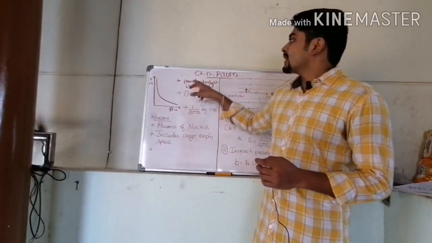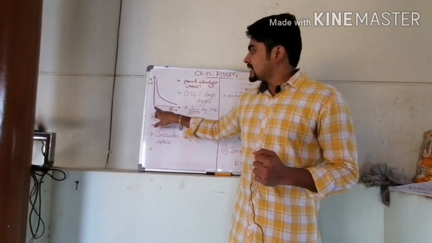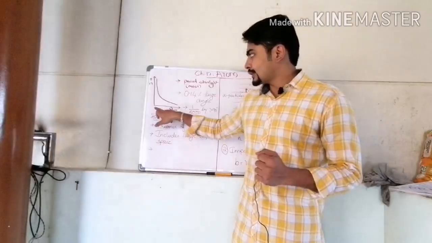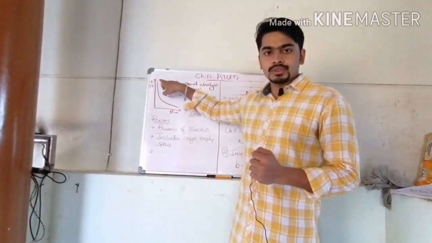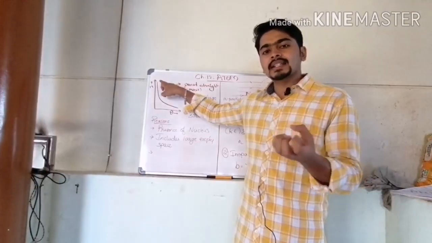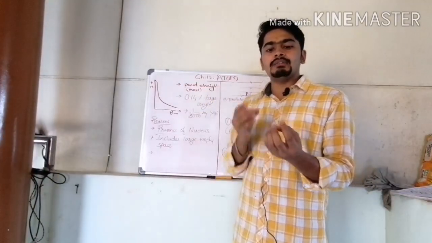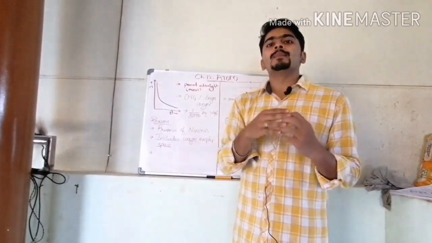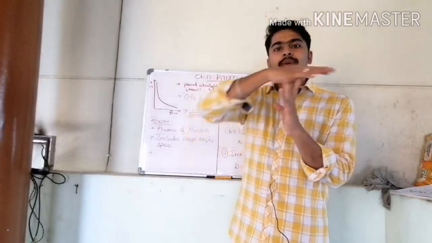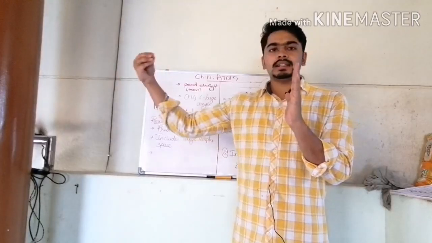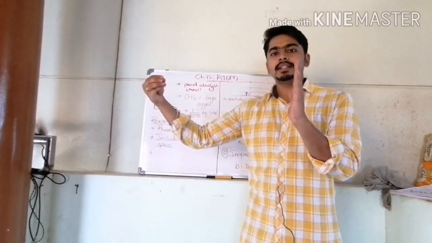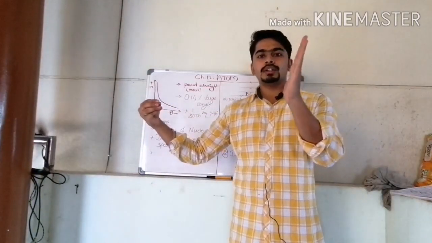If I consider a scattering angle theta equal to 0, then the number of particles is more. This means the maximum number of alpha particles incident on the gold foil just pass directly through it. Here are some alpha particles and this one is a gold nucleus.